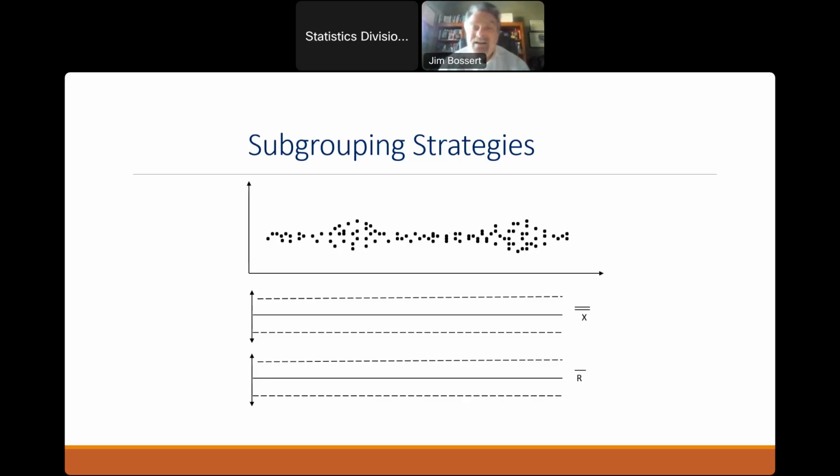This is, again, a fairly stable process, except for a couple of times where you see what I call the bubble appear. If I take my subgroups before the bubble and after the bubble, I don't recognize I may have increased variation for a short period of time. And if the customer sees it, it may not be acceptable to them.